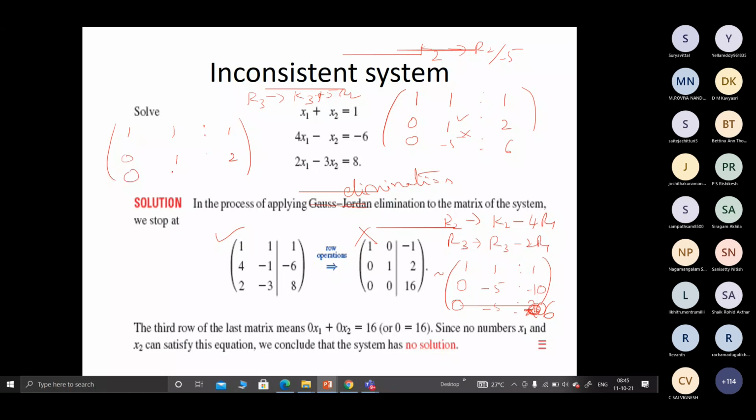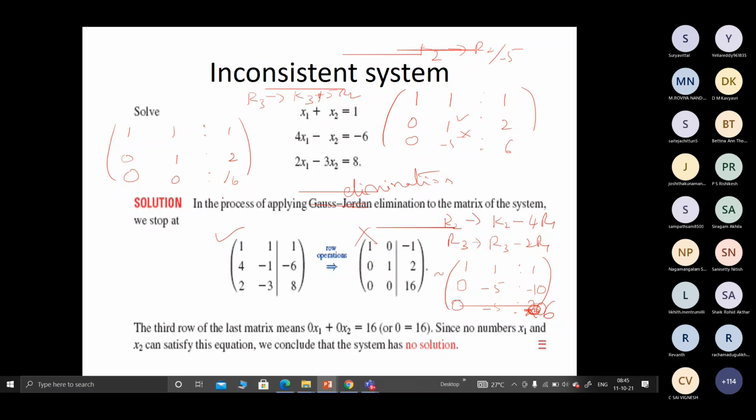Then it is 0 0 0, 6 plus 60, correct. Now this is the end of the procedure. So what is that? 0 1 2 and then 0 0 16. Then 16 you can make a 1 by dividing throughout by 16. That is not a problem.